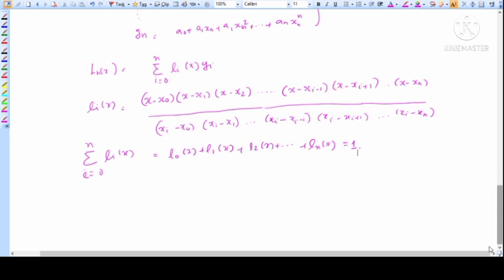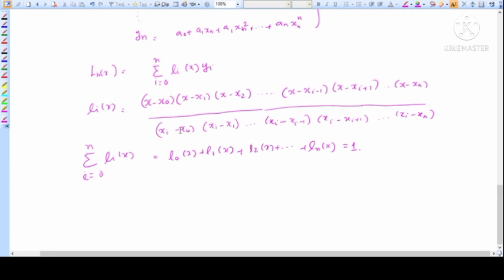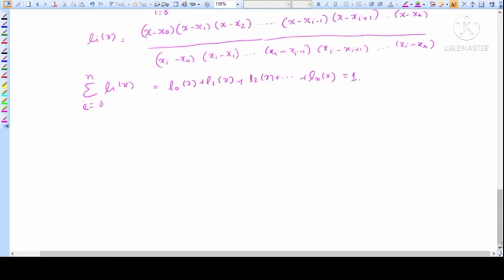So this is the general formula for the Lagrange's interpolating polynomial of degree n. You have to substitute the values of L1, L2, L3 up to Li. And what is the value of Li? Li is this term, and from this you can find the interpolating polynomial of nth degree.